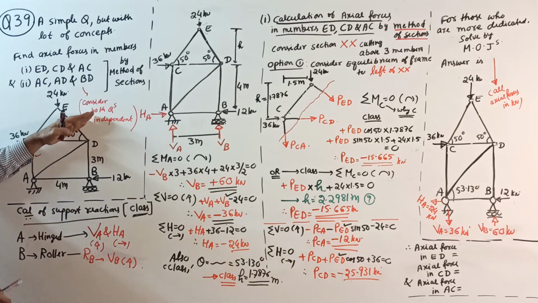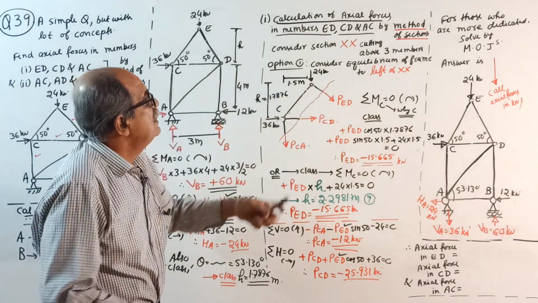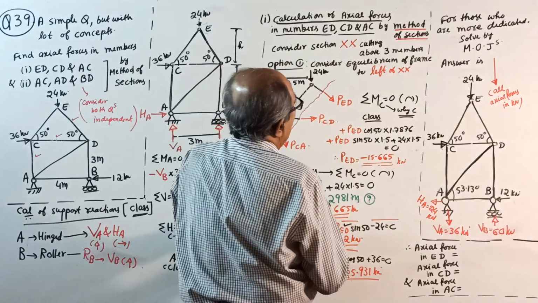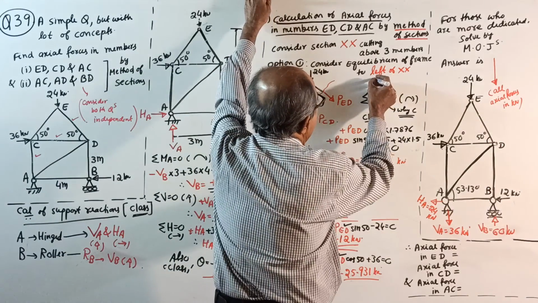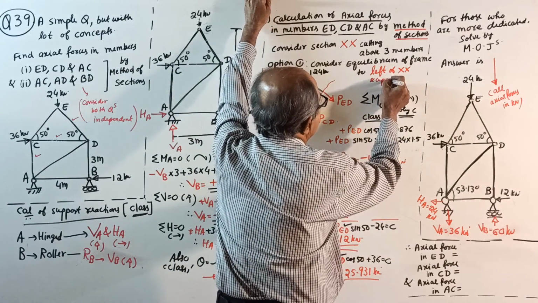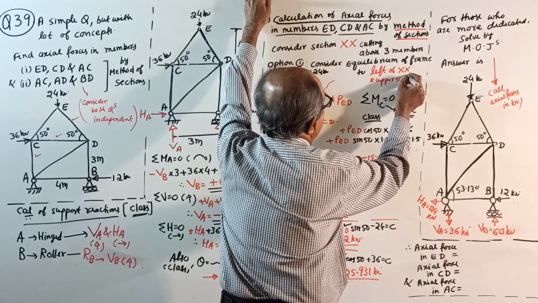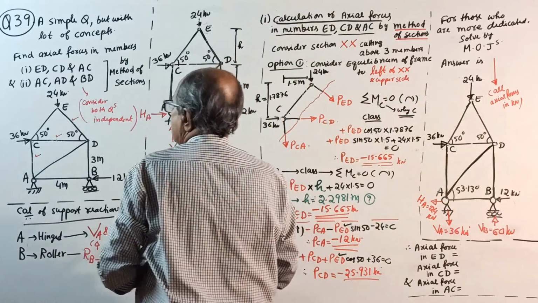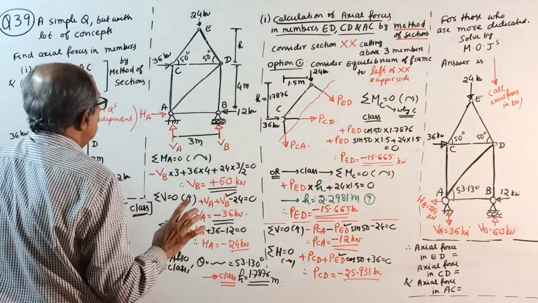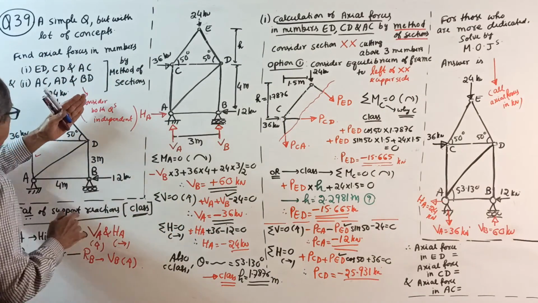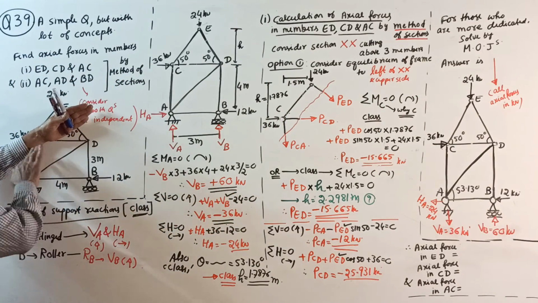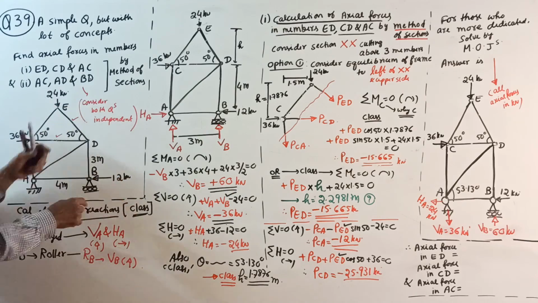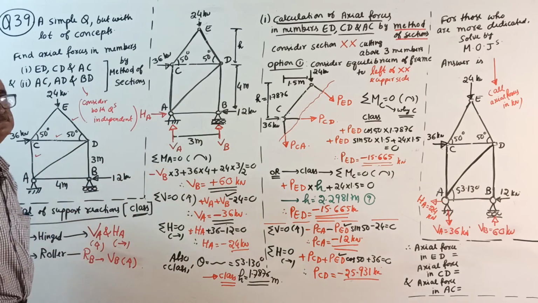Then support reactions are not required. You can skip support reaction and directly start. Consider left of XX, upper side of XX. You need not find support reaction. But if you consider the lower side or somewhat right side, you require reactions.